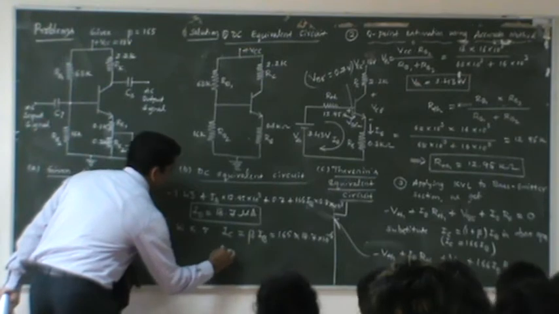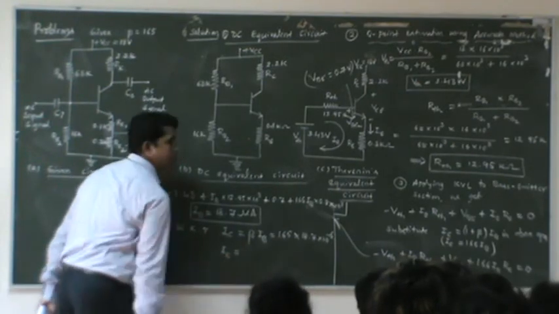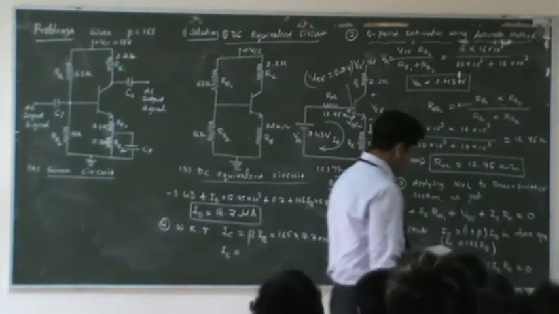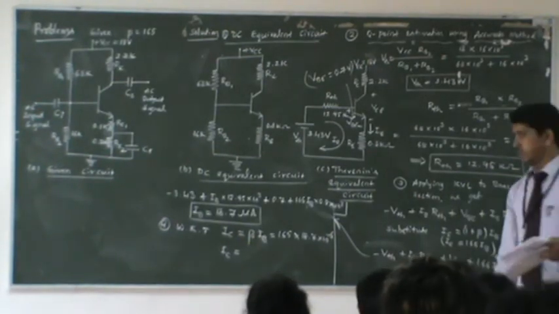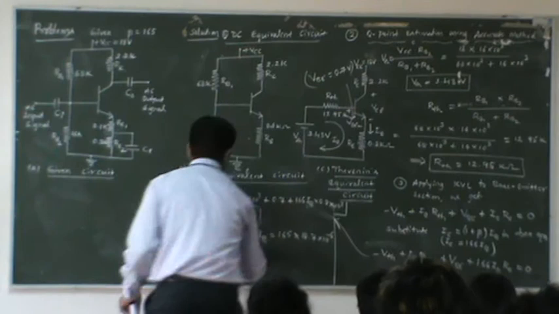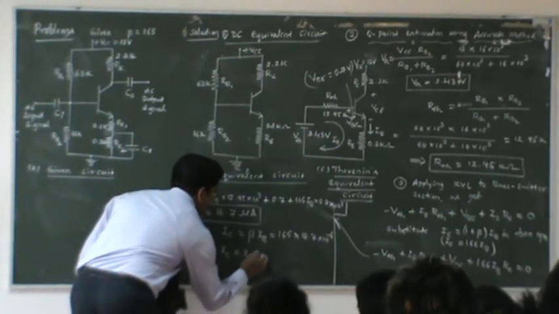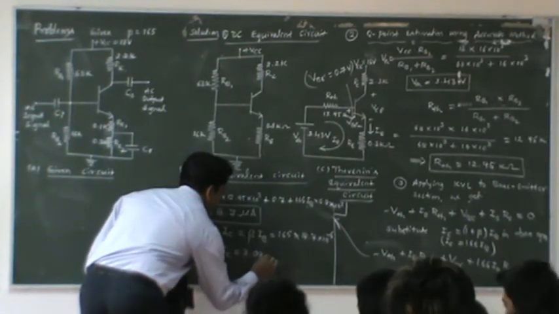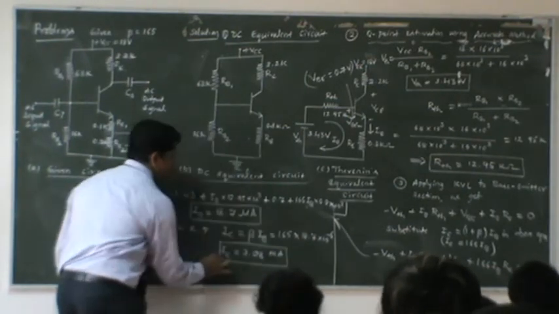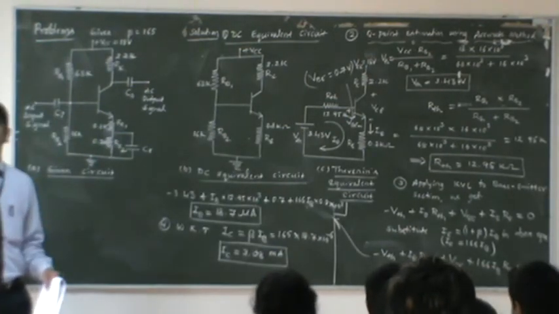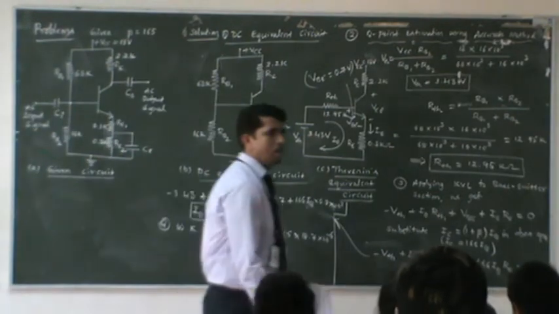Find out IC. We're supposed to get IC as 3.08 milliampere. 3.08 milliampere. So far, any doubts here? Clear?